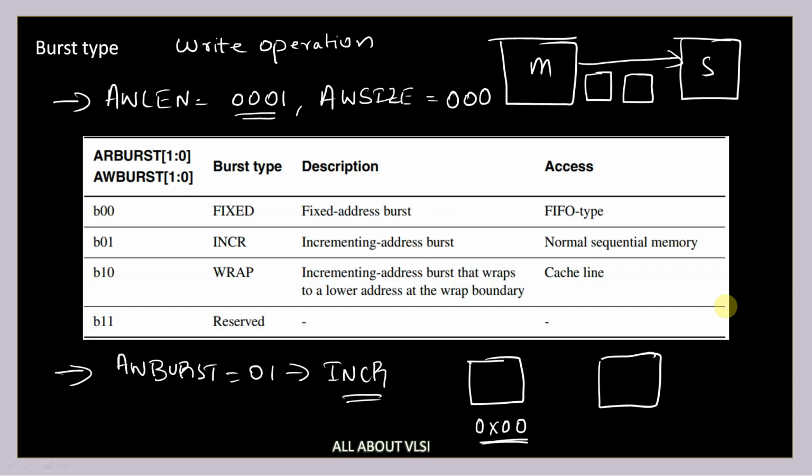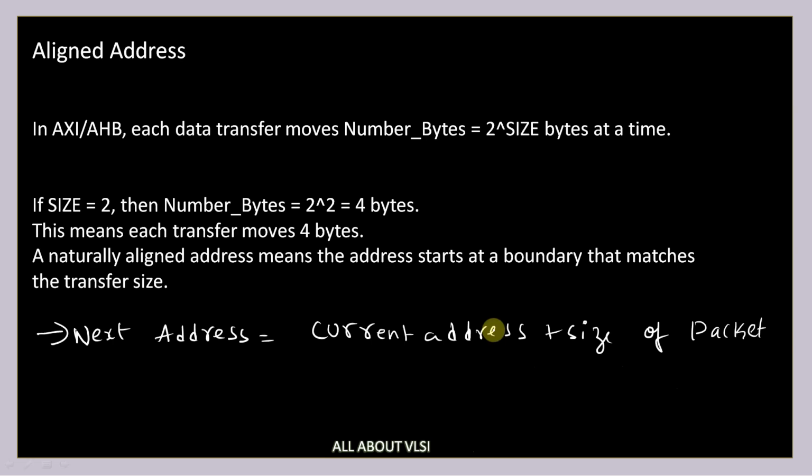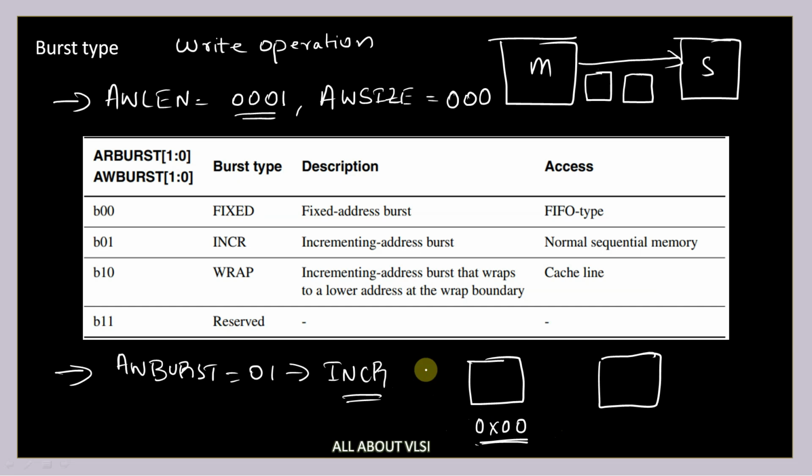What is the size of the packet? For this we have 0, 0, so the current address is 0, and the size of the packet is just 1 byte, so plus 1. That is nothing but 1. So the address associated with the second packet will be equal to 1.